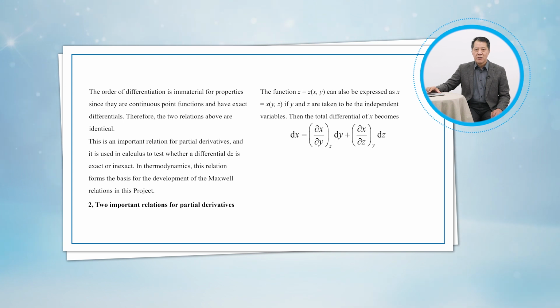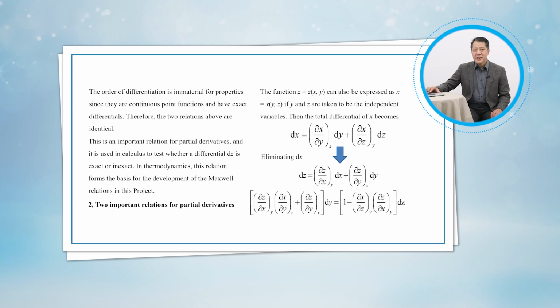Then the total differential of x becomes this. Eliminating dx by combining the two equations of dz and dx results in this expression.